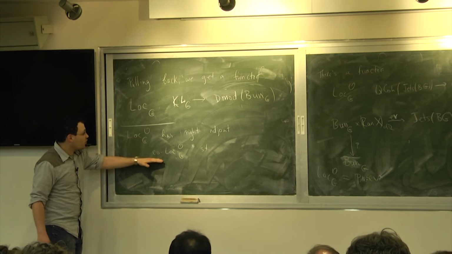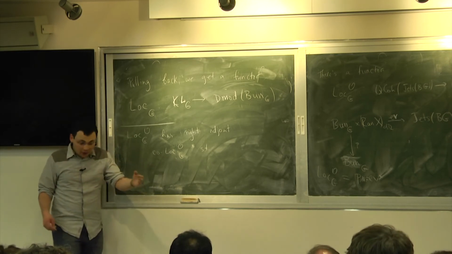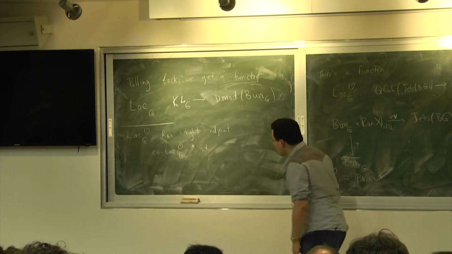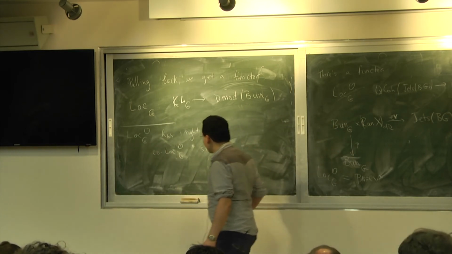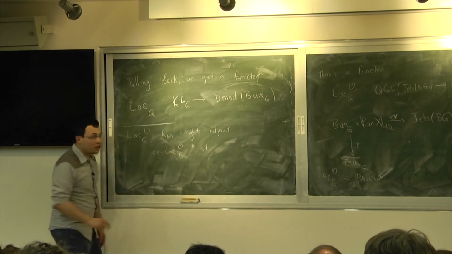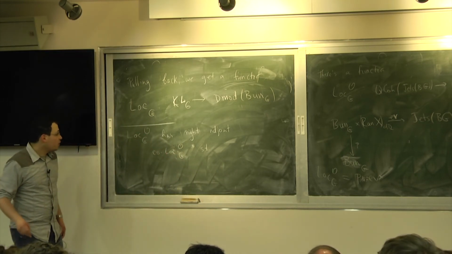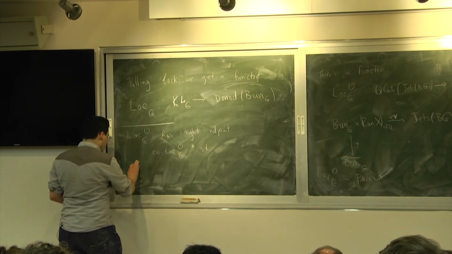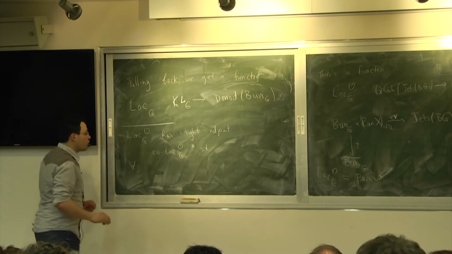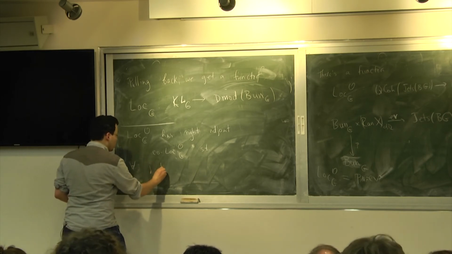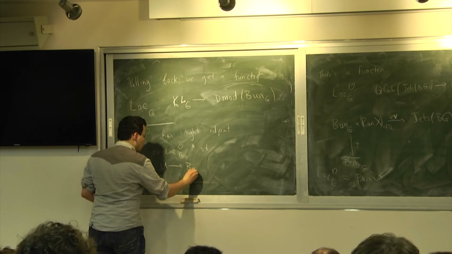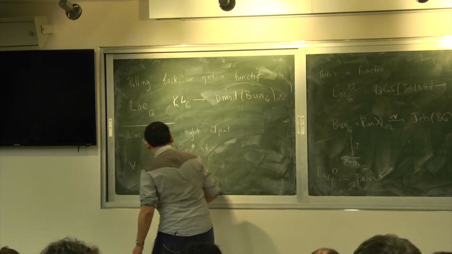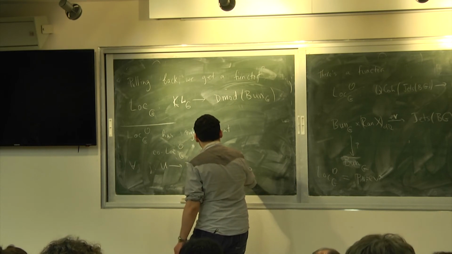Yesterday, in order to establish that this co-localization functor was continuous, and to use this dualizable categories machine, we used the fact that local systems was a quasi-compact stack. Bun-G is not, but we can restrict to a quasi-compact open.